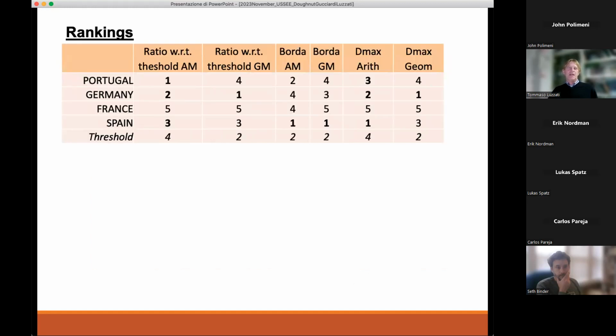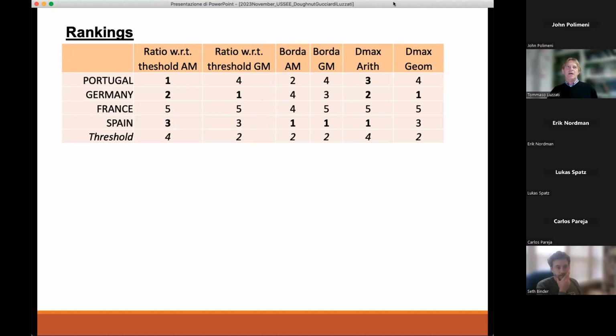Now we can aggregate, and in this case, in the first column, we have the arithmetic mean of the indicators standardized according to the ratio with respect to the thresholds. And in the second column here, I don't know whether you can see the arrow.